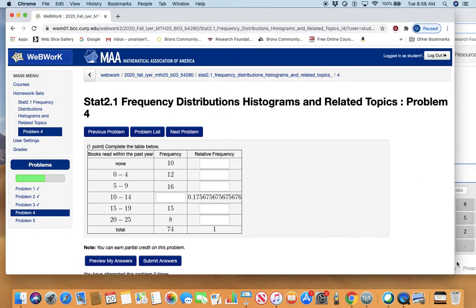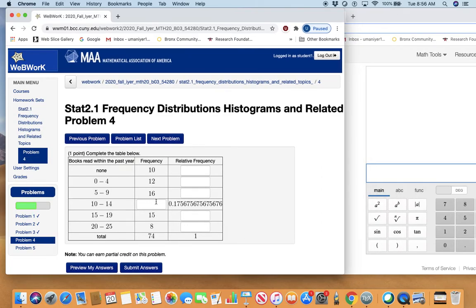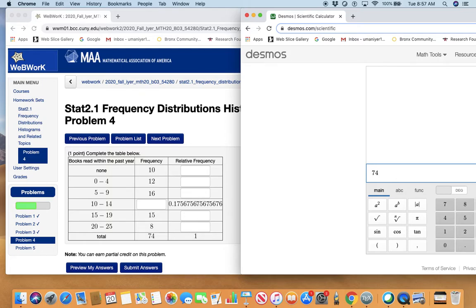Okay, so what's the question? The question is, what is this blank? Well, 74 in all people were interviewed and these are their numbers. So the missing value is 74 minus these other values. So 74 is the total, none is 10, 0 to 4 is 12, 5 to 9 is 16, 15 to 19 is 15, 20 to 25 is 8.